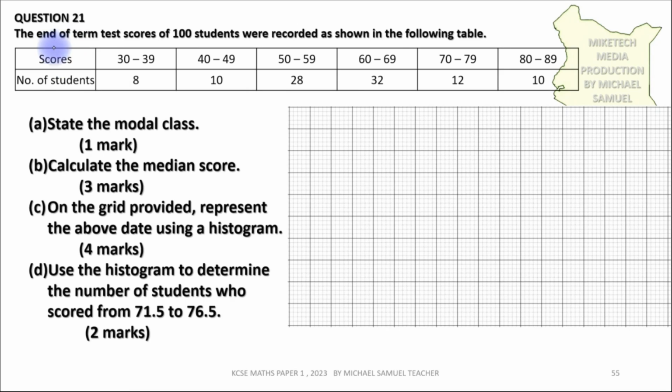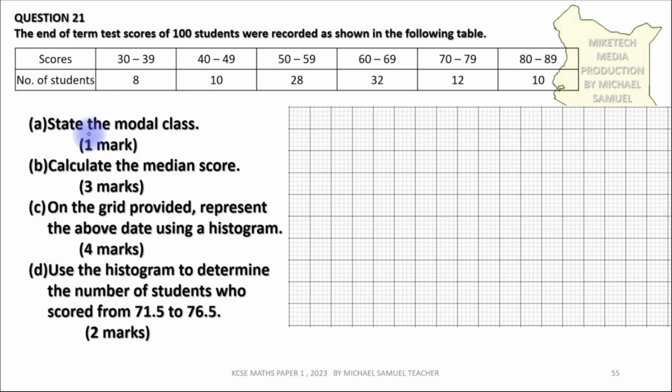Question 21. The end of term test scores of 100 students were recorded as shown in the following table. That is the scores: 30 to 39, 40 to 49, 50 to 59, 60 to 69, 70 to 79, 80 to 89, and their corresponding number of students in each class.